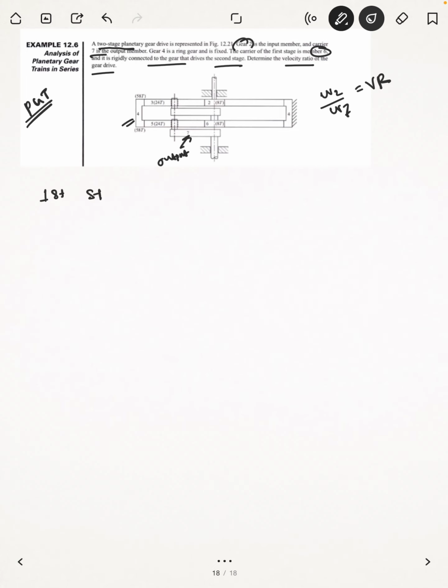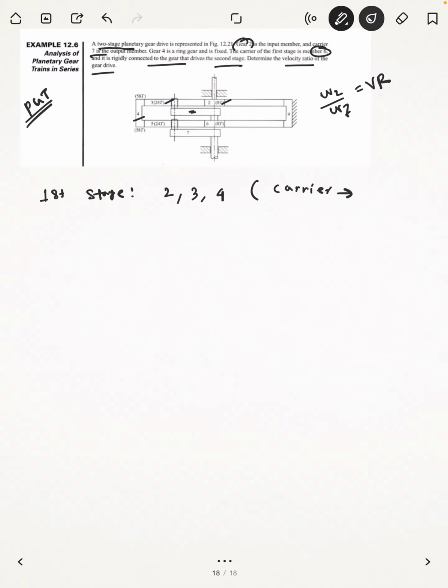The first stage: you see there will be gears number 2, 3 and 4. And what will be the carrier? The carrier should be this one.